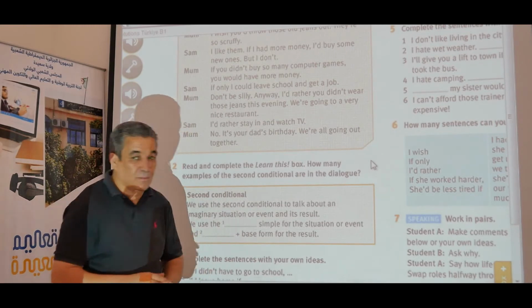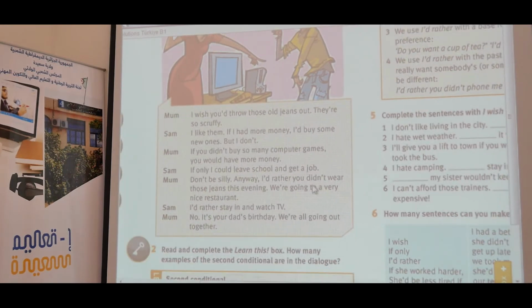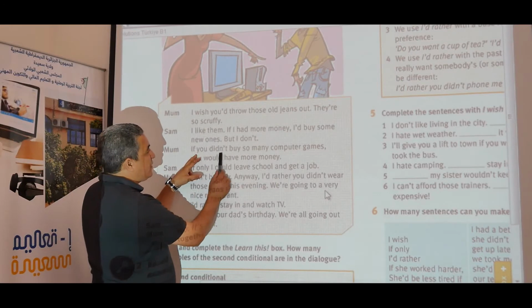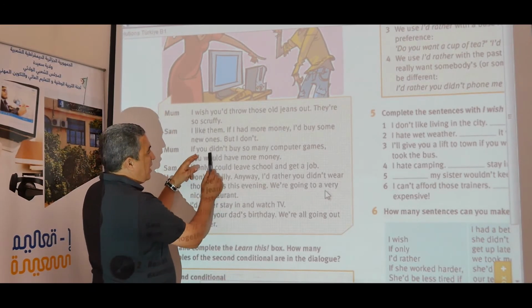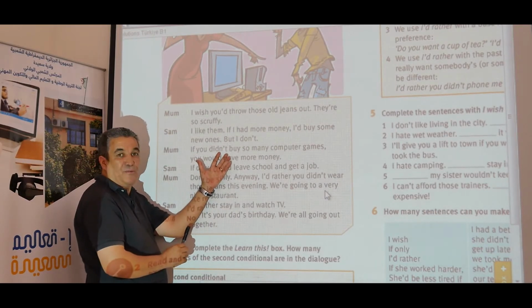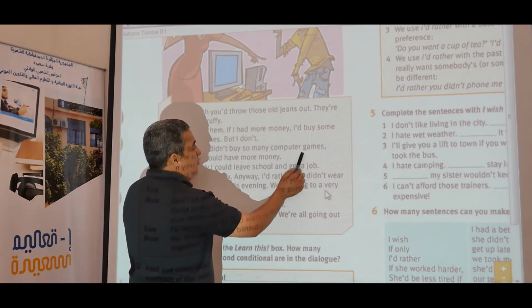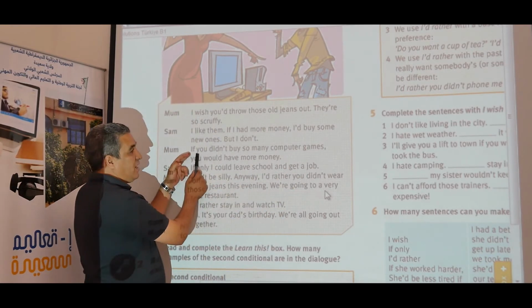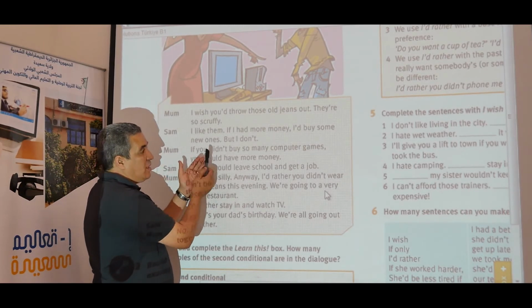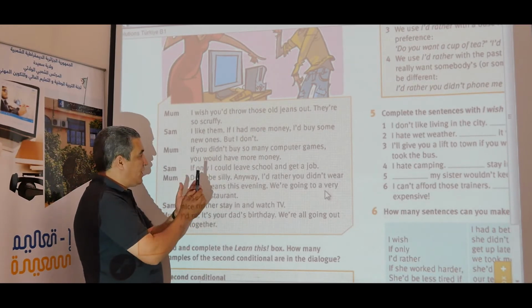For example, if you didn't buy, this is the negative form of the past simple. If you didn't buy so many computer games, this is the if clause, or the situation.